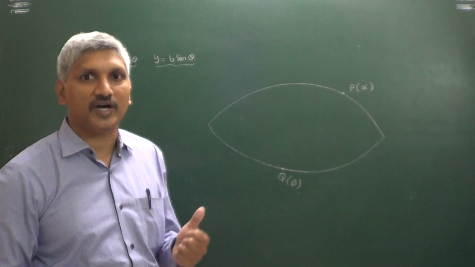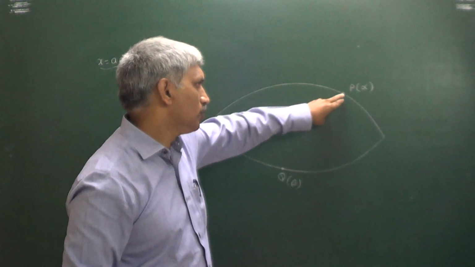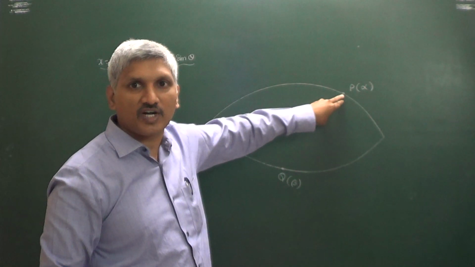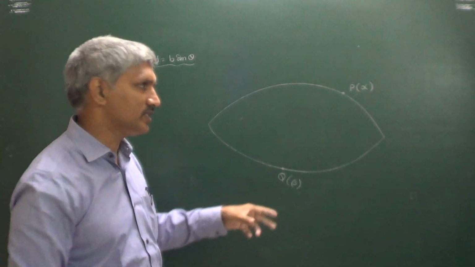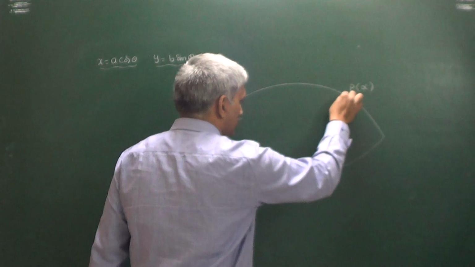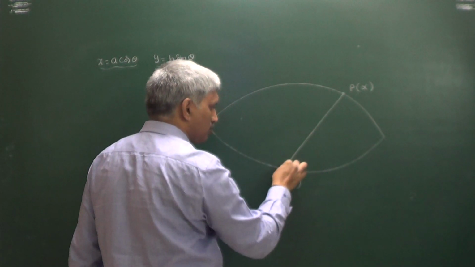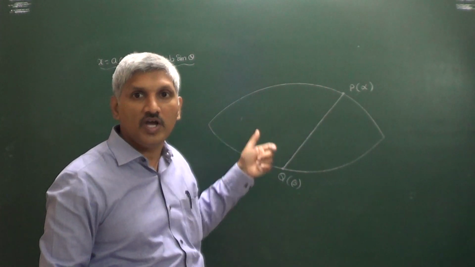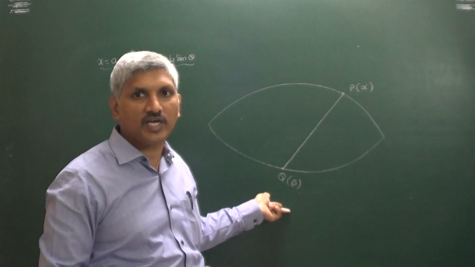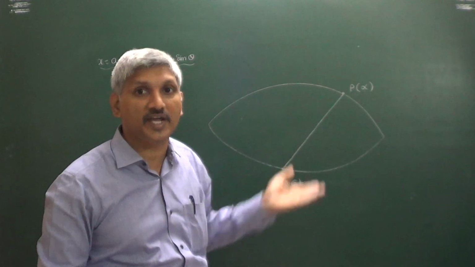Now I am taking parametric points. So this point is a cos alpha comma b sin alpha, whereas this point is a cos beta comma b sin beta. Then what is the equation of the chord passing through these 2 points? Definitely we can find out the line equation.